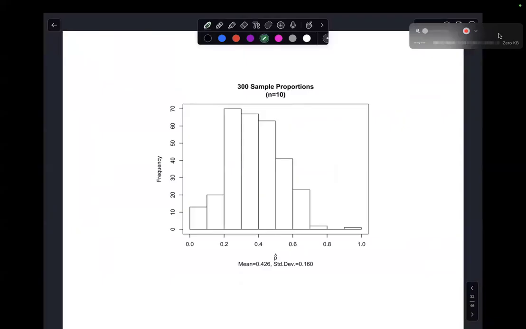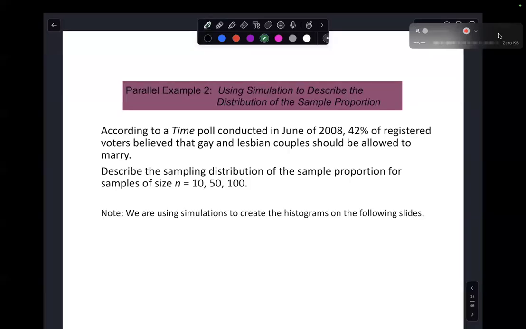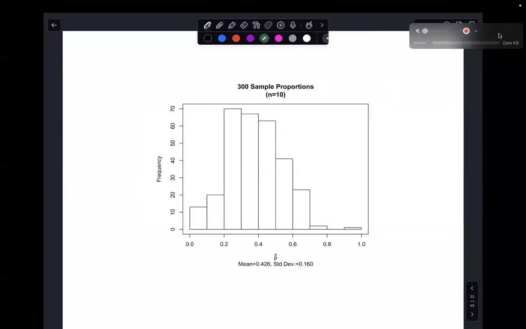So here's sample size 10. You can see it's kind of skewed, right? Our mean is 0.426 and the standard deviation is 0.160. The population proportion is 42%, and here I've got 42.6. It's pretty close.